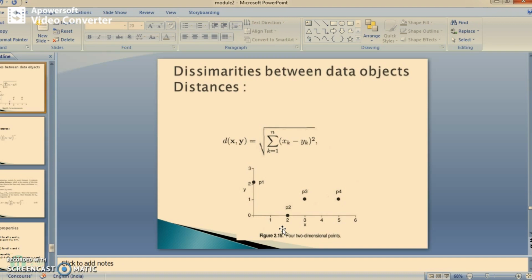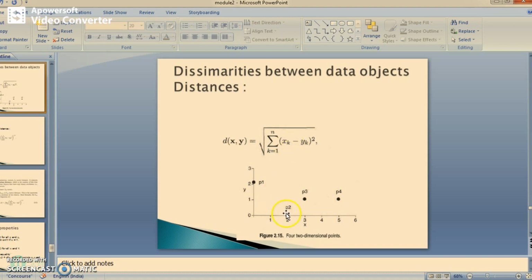That is nothing but we have to subtract the x coordinates first, and then we have to subtract their y coordinates. As per the formula, it is xk minus yk the whole square in general, but in reality, when we have to find the distance between 2 points, we have to subtract the x coordinates first.